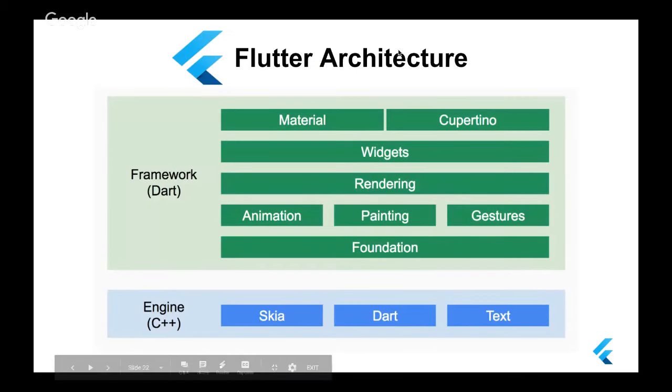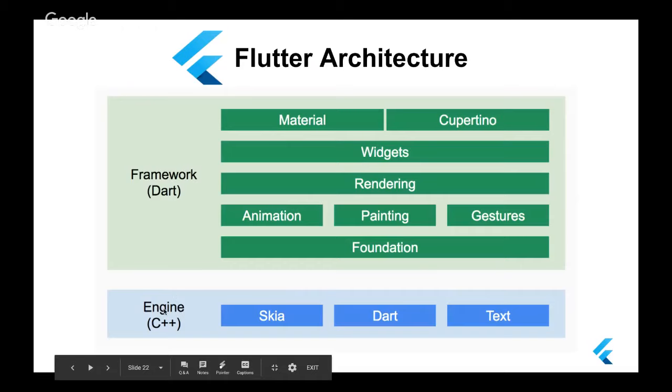So let's see the Flutter architecture. Flutter is based on layers. Each layer or each part depends on the other part. The lowest layer is the engine, which is responsible for compiling things and running the main things that you need in your application.